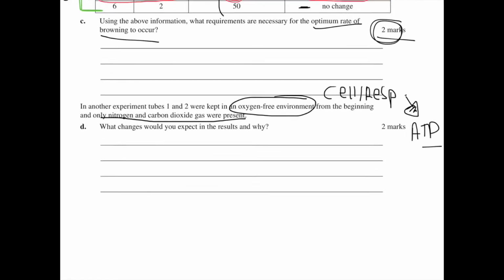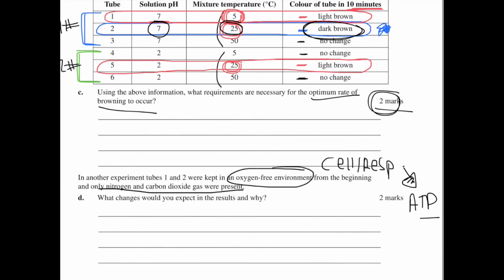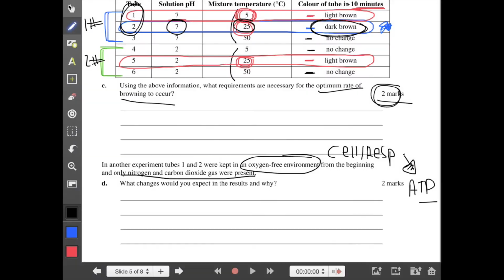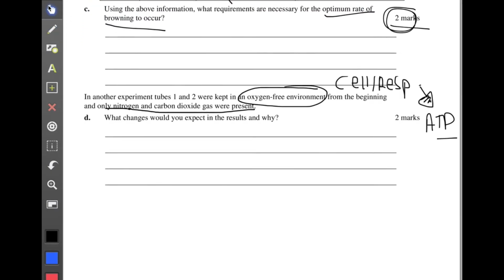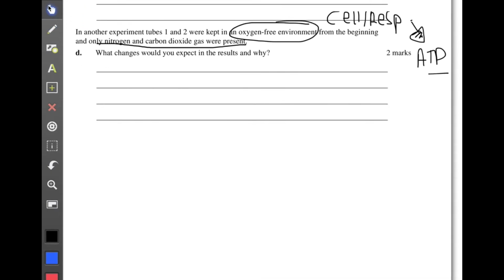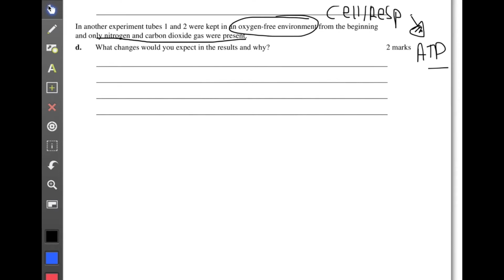So, I'll just pan up, so test tubes 1 and 2, these ones here. You're being asked, what results would you see? At the moment we're seeing a light brown and a dark brown. But we're not exposing this reaction to any oxygen. So therefore, cellular respiration can't occur, and we won't have any ATP. And you're saying to me, well, why does that even matter?